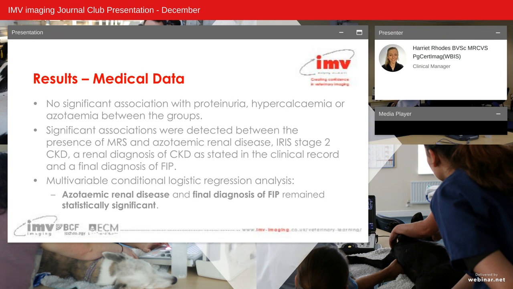The kidneys were otherwise ultrasonographically normal in 16 of the FIP positive cats, abnormal in 7, 3 of which had reduced cortical medullary definition, and 4 with a hypoechoic subcapsular rim. None of the FIP cats had azotemic renal disease as defined by the study from their medical records.